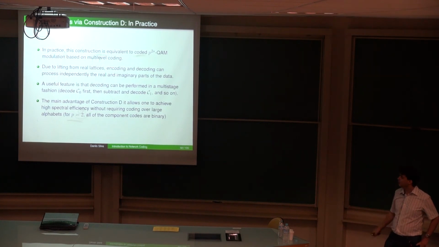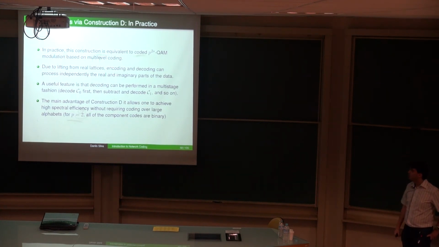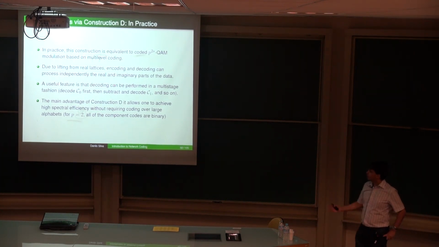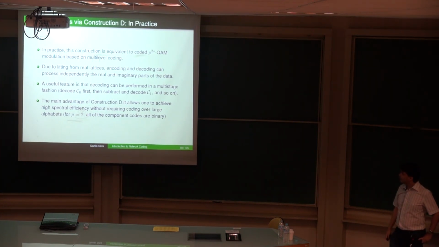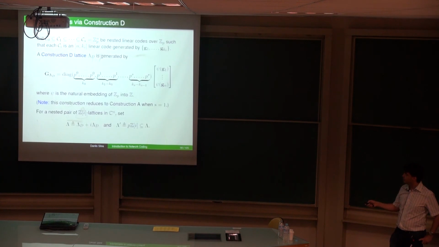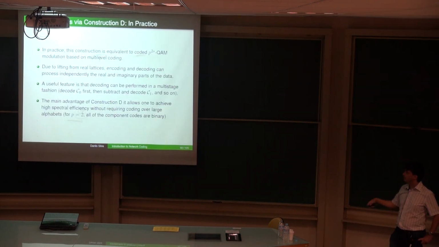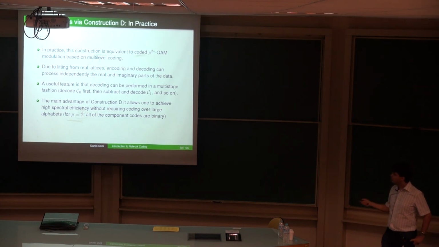But the coding uses multi-level coding. Again, due to the lifting, you can process real and imaginary parts of the data separately. And you can decode in a multi-stage fashion. You first decode C0, the code with the lowest rate, and then subtract and then decode C1 and so on. Okay, so you can do the decoding.